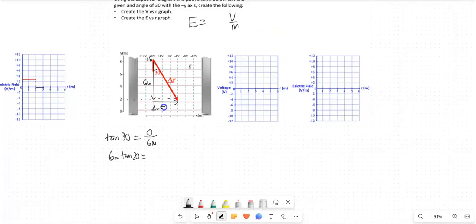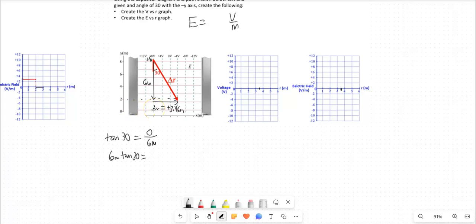So this is positive 3.46 meters to the right. So about 3.5 meters, right? To the right. So it will end here on both of these graphs. I'm going to try to make sure everything works out to be whole numbers for you guys. Okay?